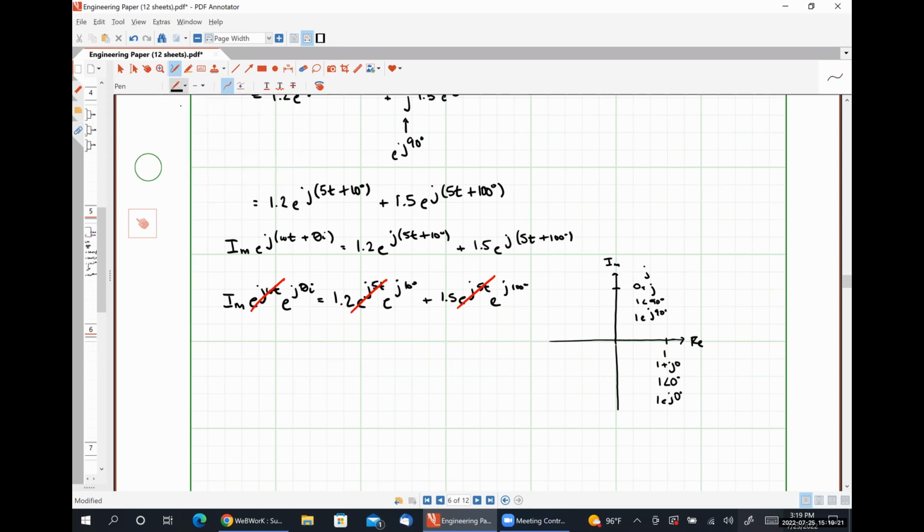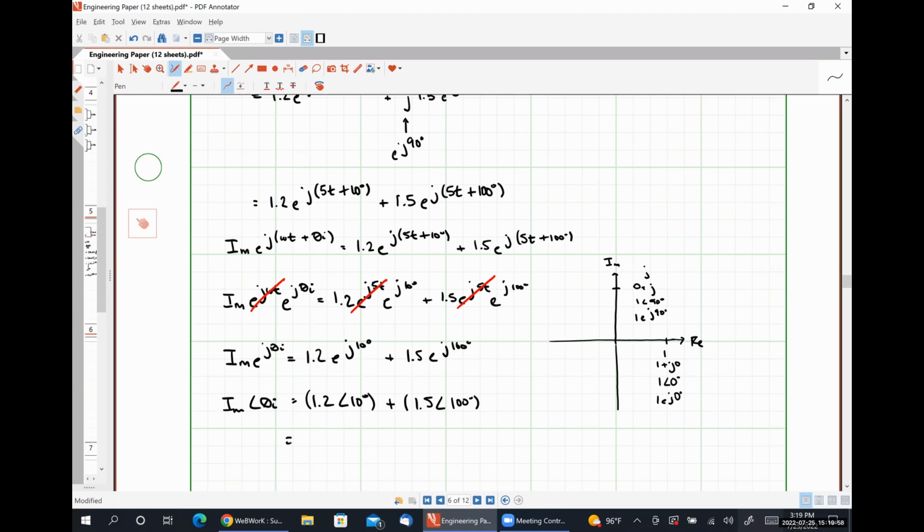So effectively, what I have here is Im e to the j theta I is equal to 1.2 e to the j 10 degrees plus 1.5 e to the j 100 degrees, or Im angle theta I is equal to 1.2 angle 10 degrees plus 1.5 angle 100 degrees.